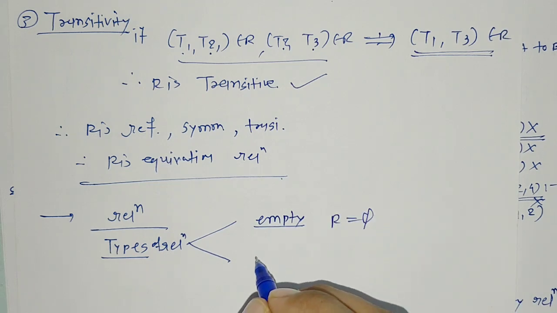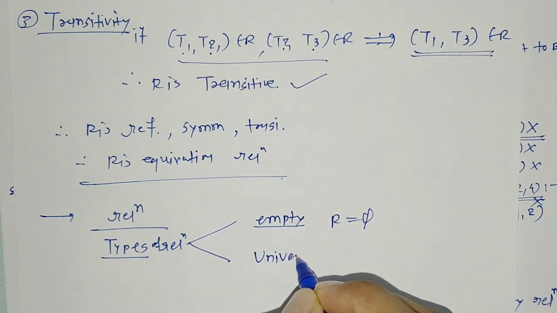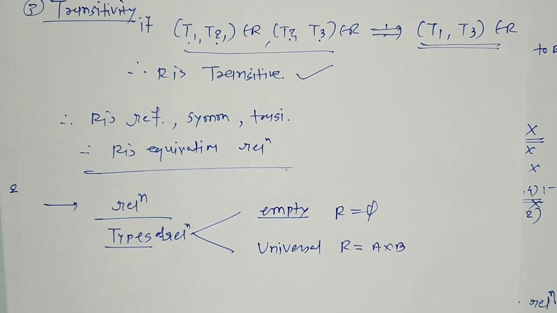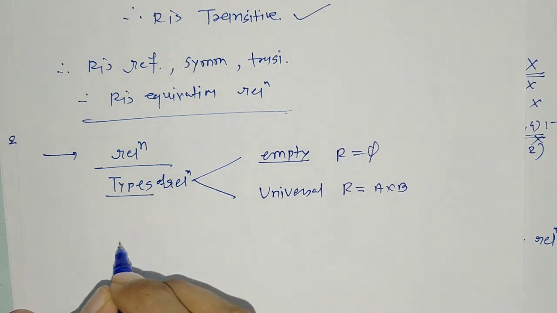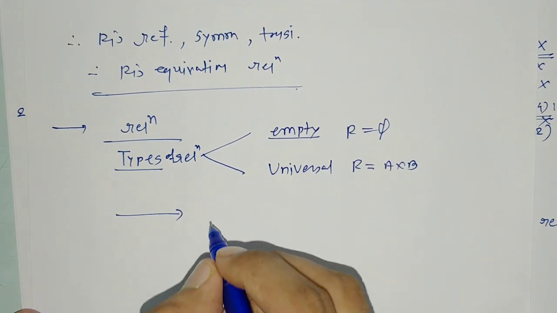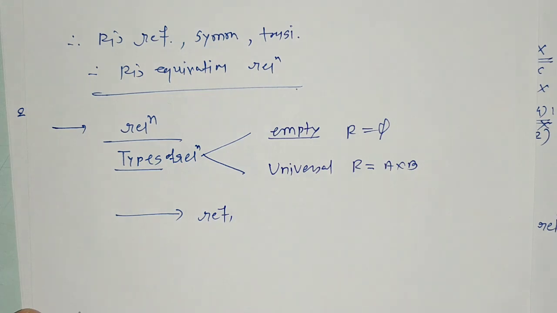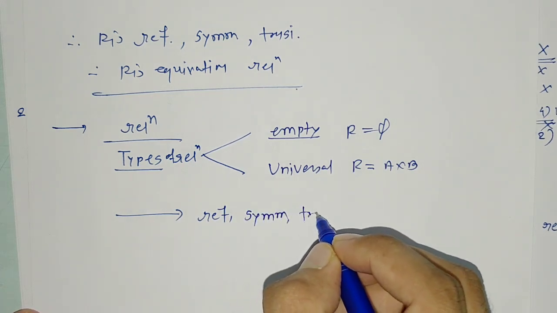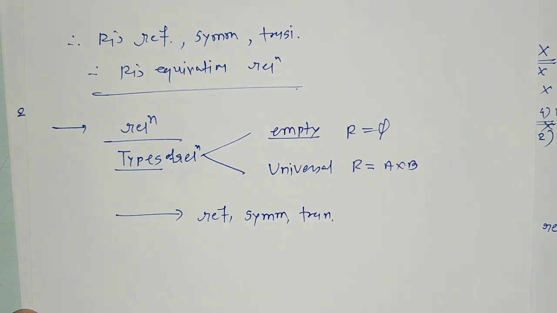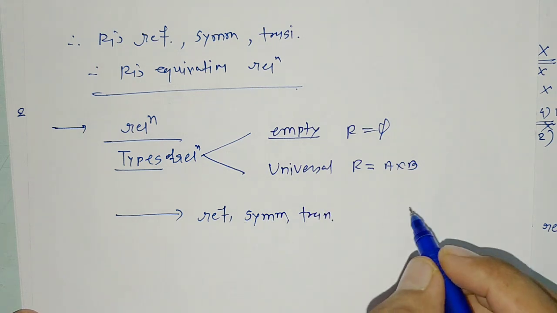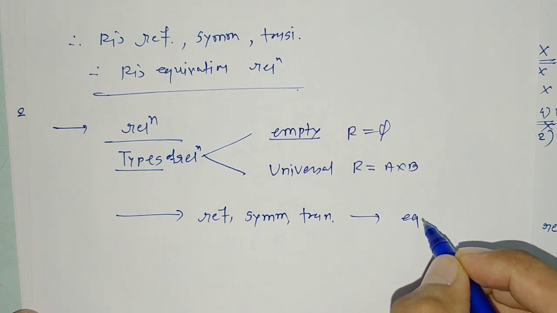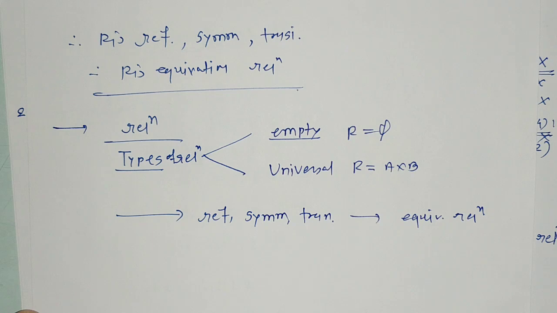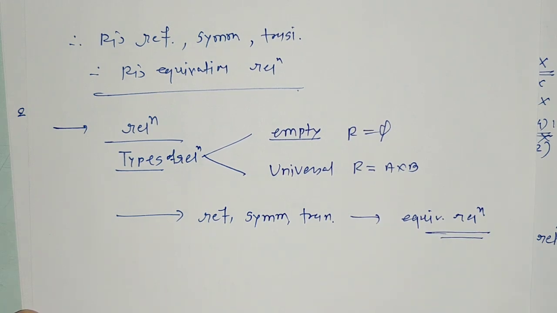Then we understood the universal relation, that is R equals A cross B. Then we approached the new relations which are the reflexive relation, symmetric relation and transitive relation. And using these three, we have introduced another relation, which is the equivalence relation. So this is the summary of this class.